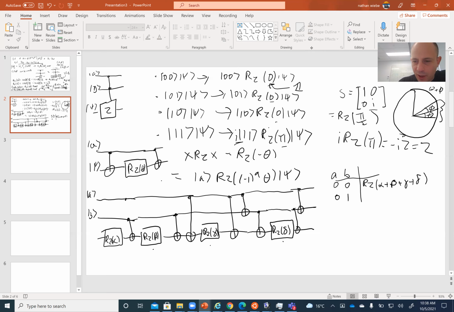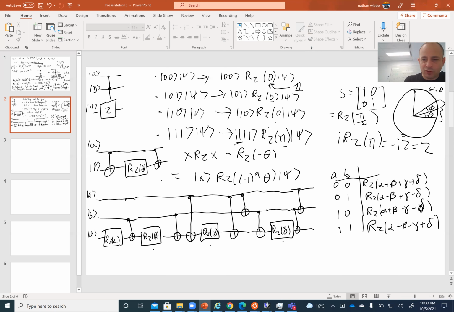However, if A is 0 and B is 1, then we're going to have RZ of alpha minus beta plus gamma minus delta. If we have 1, 0, then we get RZ of alpha plus beta minus gamma minus delta. And if we have 1, 1, then the rotation that we end up applying to the bottom state, psi, is going to be RZ of alpha minus beta minus gamma plus delta. And that should be a delta there.